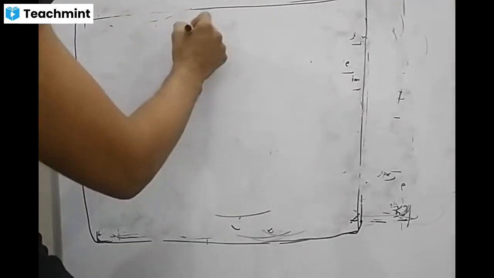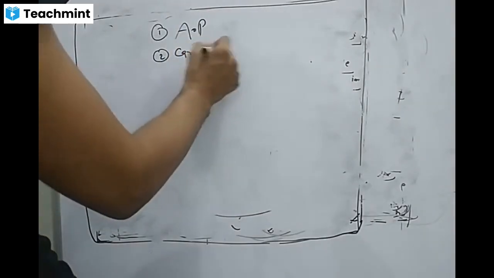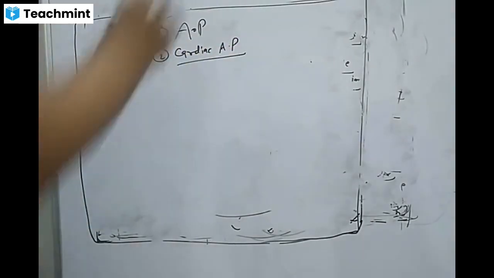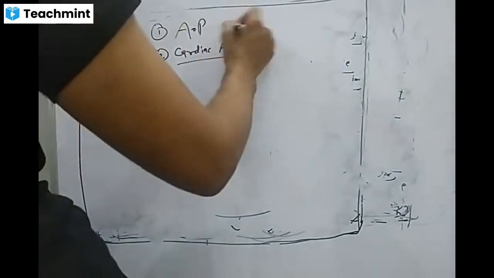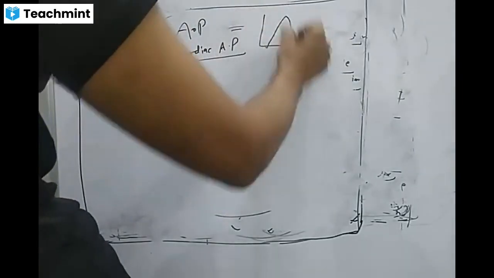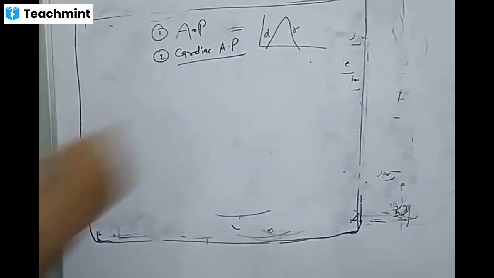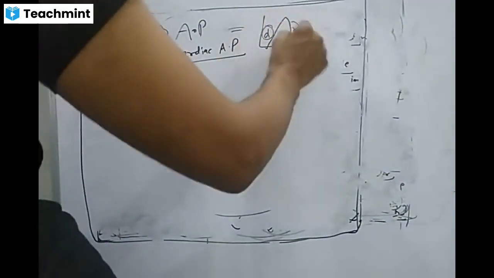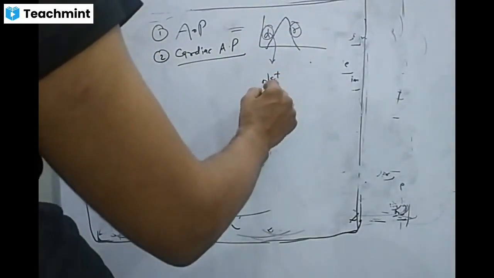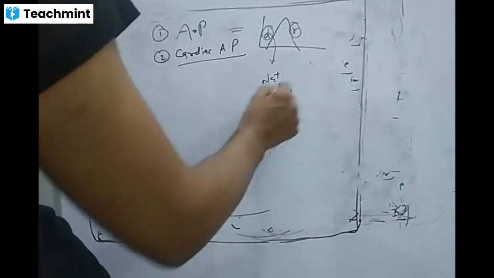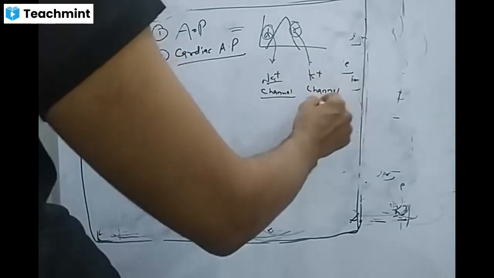There are two terms, one is action potential, the other is cardiac action potential, because all the drugs work through these. Action potential means only two things, depolarization and repolarization. Depolarization is because of sodium channel opening, and repolarization is because of potassium channel opening.